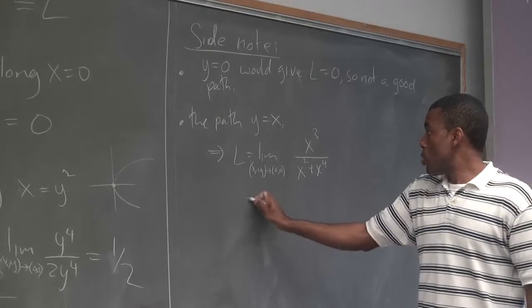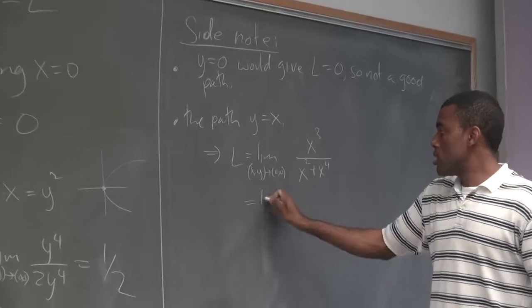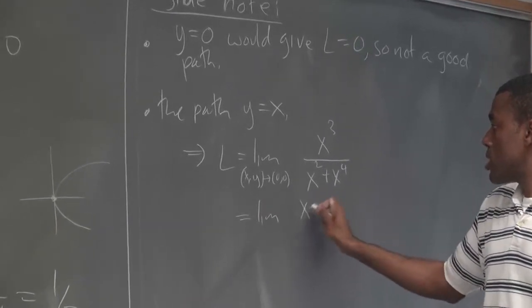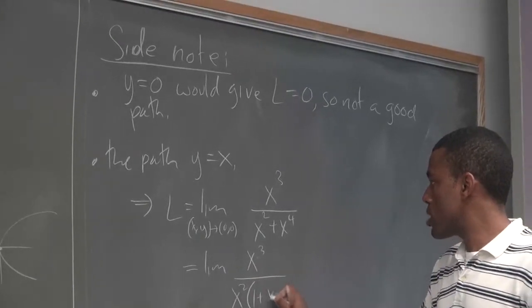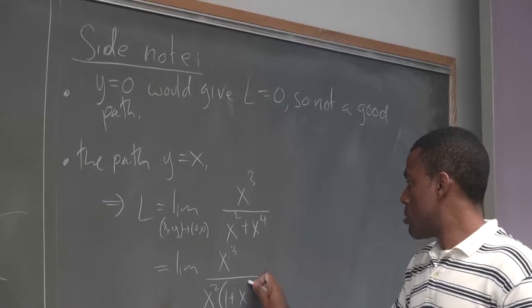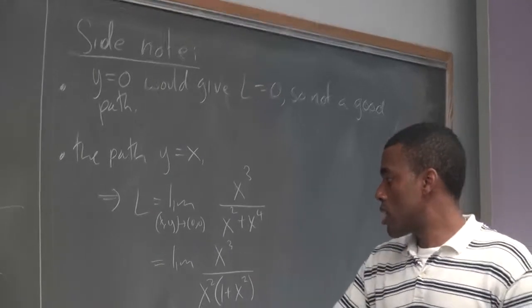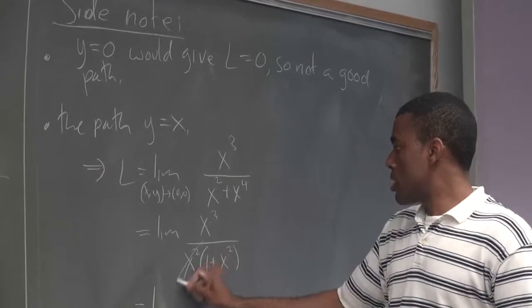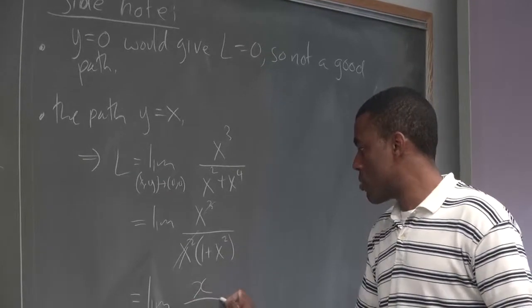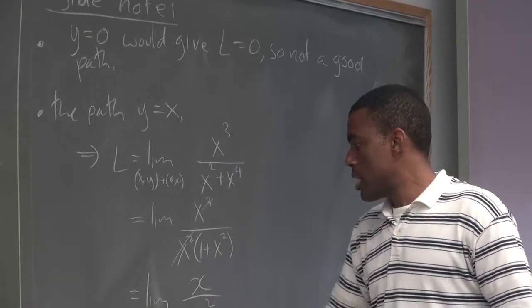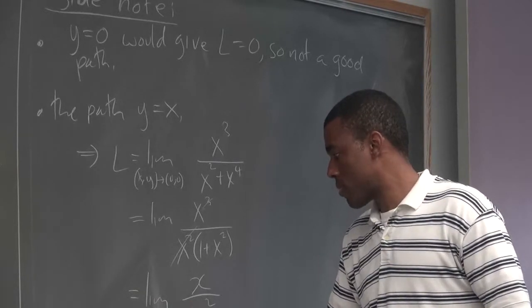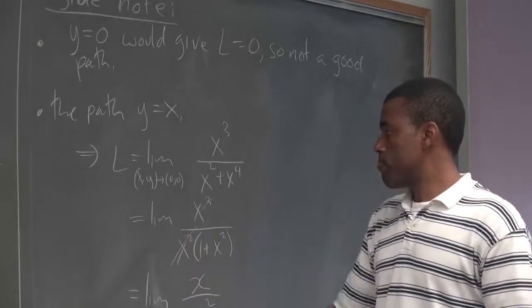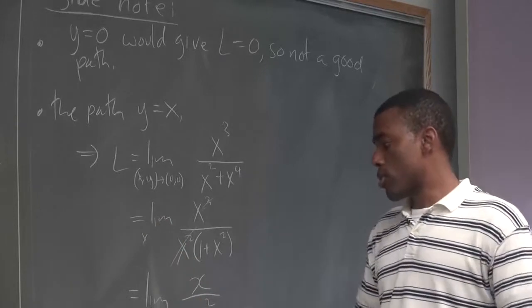Right? And now what would happen there? I could actually factor out an x squared maybe. That would give me 1 plus x squared. Right? This would cancel into that. I would have x over 1 plus x squared. Now remember my (x,y) is going to 0, 0. That would give me what? 0 over 1, right?